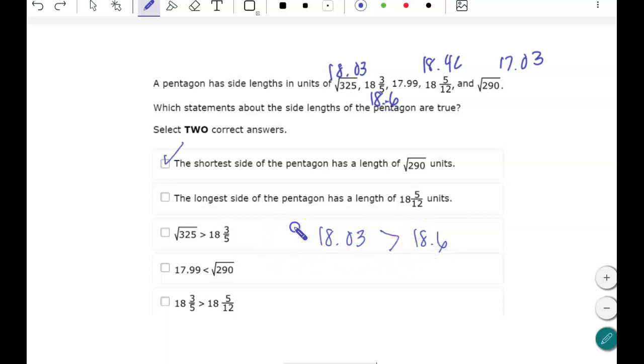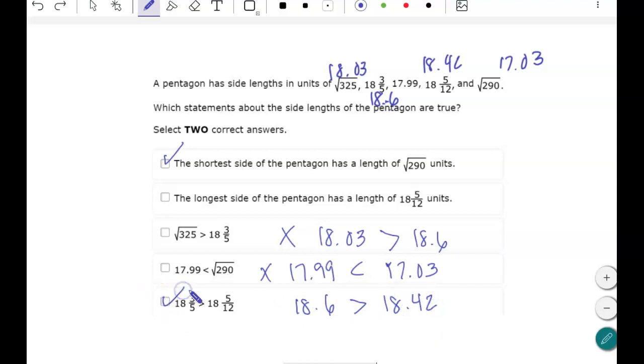No, that is false. 17.99 is less than the square root of 290. That's not correct either. The next one's right: 18 3/5, which the decimal was 18.6, is greater than 18 and 5/12, which is 18.42. That one is correct.